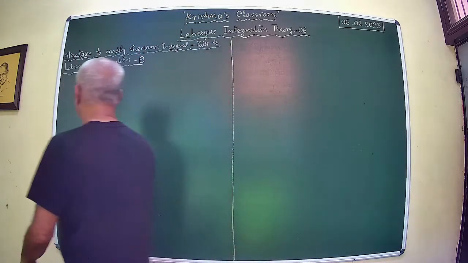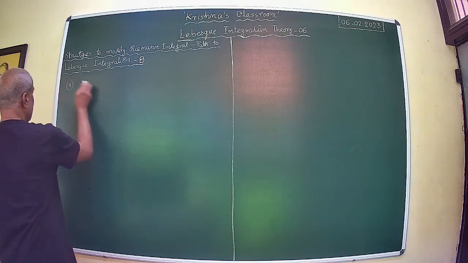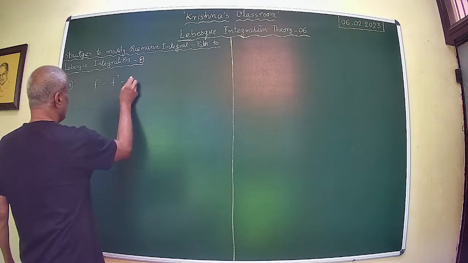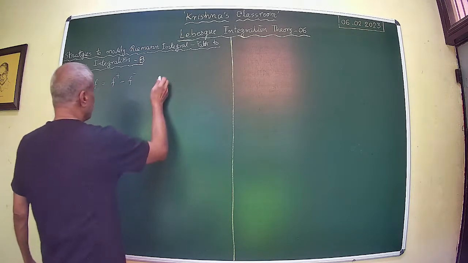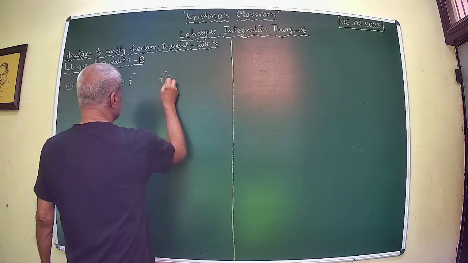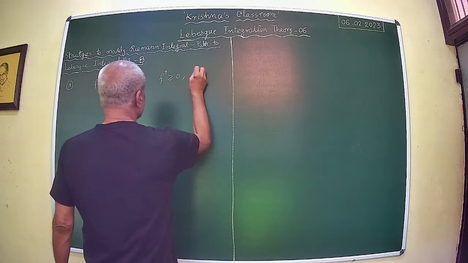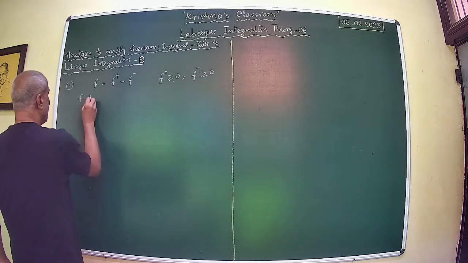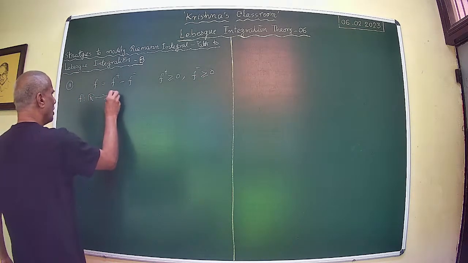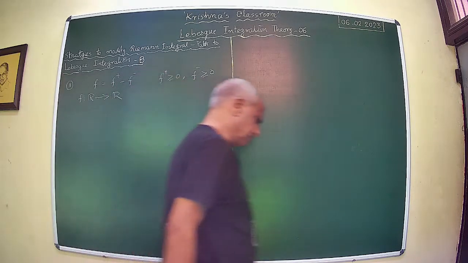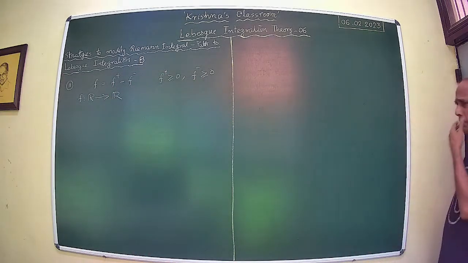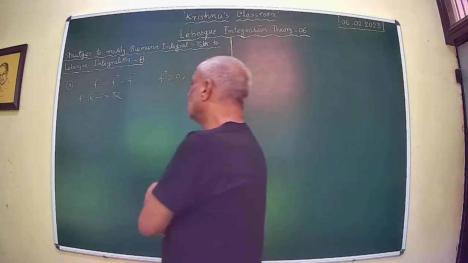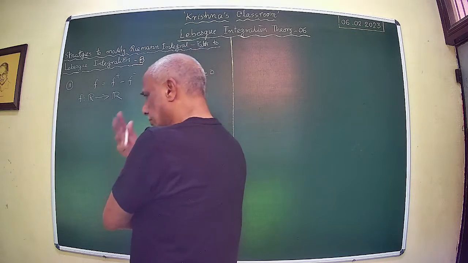The first observation was that f can be written as f plus minus f minus, where both f plus and f minus are positive. Of course, f is defined from R or some subintervals of R. So we are talking about real valued functions.